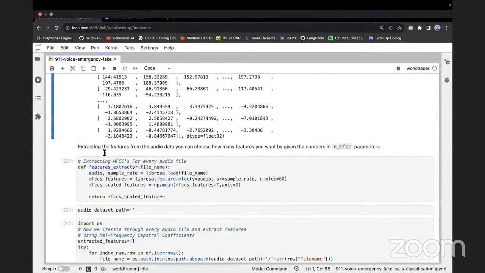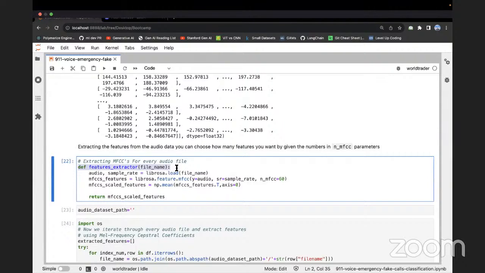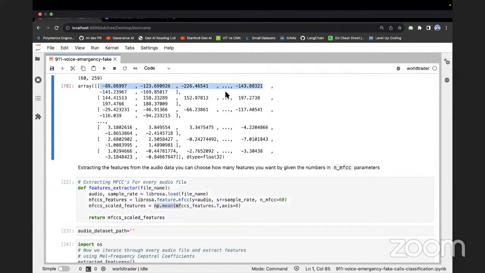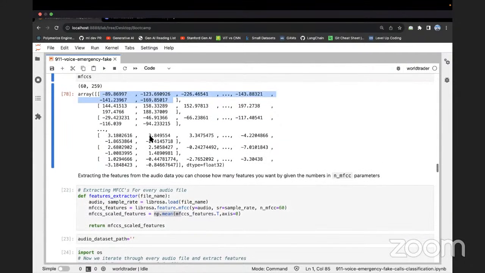We translated this entire thing into a feature extractor that takes a file name, loads that file with librosa, extracts these features for the same 60 frequency bands, and then applies an average. So I don't need this whole thing. I am converting this entire data, which will be averaged into one single value, and I will have 60 features for each audio.